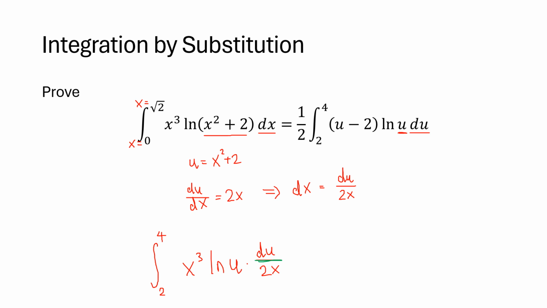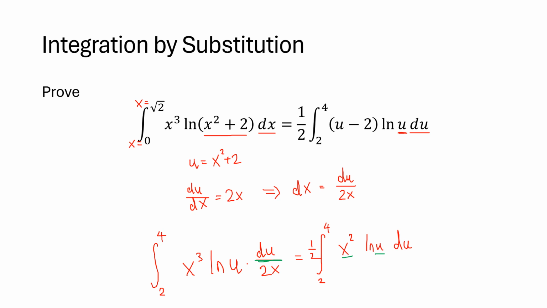Now, let's try to simplify this expression. The problem here is that we have two different variables, and we want to make sure that our integral is now with respect to the new variable u.